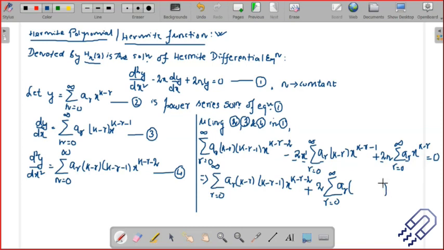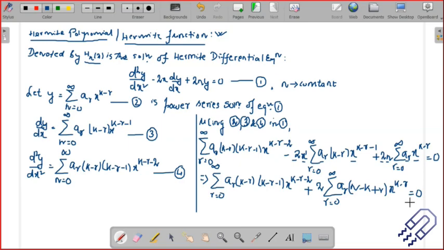So this also can be taken common, x to the power k minus r. What we have left in the bracket is this n that we have, and then there is a minus sign here, so it will be n minus k, and this minus and this minus will become plus, so it will be n minus k plus r. So this is the expression that we have after putting in all the results.